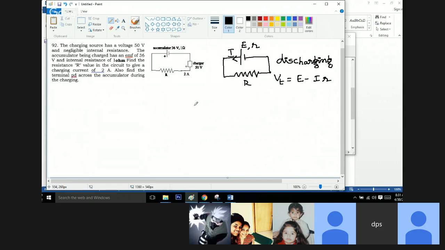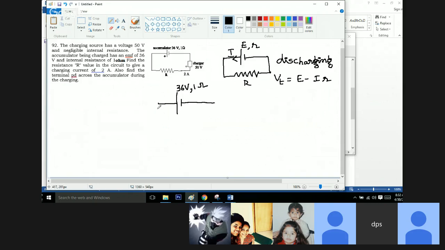Perfectly correct. But whenever you say this is an accumulator, please see, my dear, accumulator is the other name for secondary cell. A secondary cell is one which can be charged. I told you, our mobile phone, inverter, battery, these are all known as secondary cells. In the beginning of the lesson, I told you.